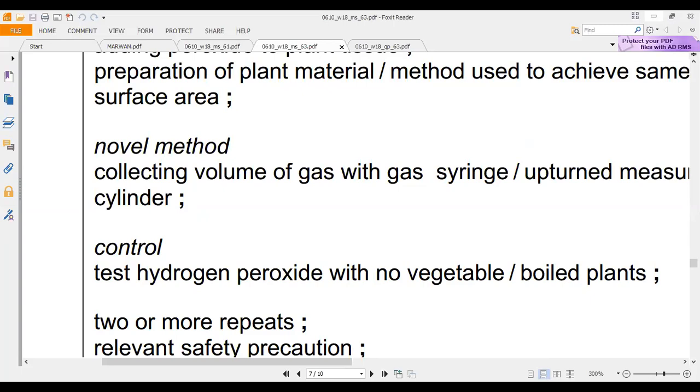And you have to mention the repeats. It's a must, because it's very important to avoid anomalous data and also for the reliability of the experiment. And lastly, you can mention any relevant safety precaution. What we mentioned now is about 9 or 10 marks, so it's easy to gain the 6 marks in designing an experiment.